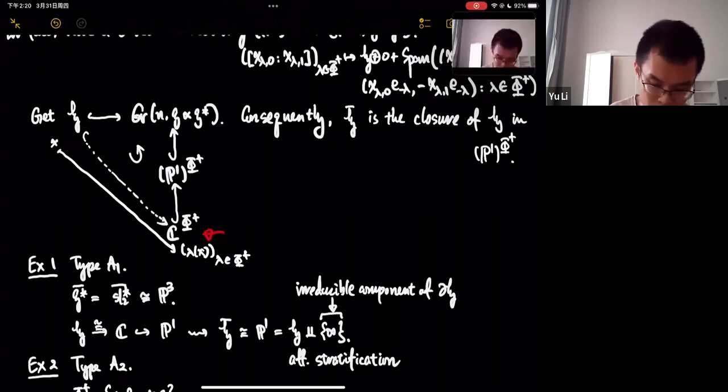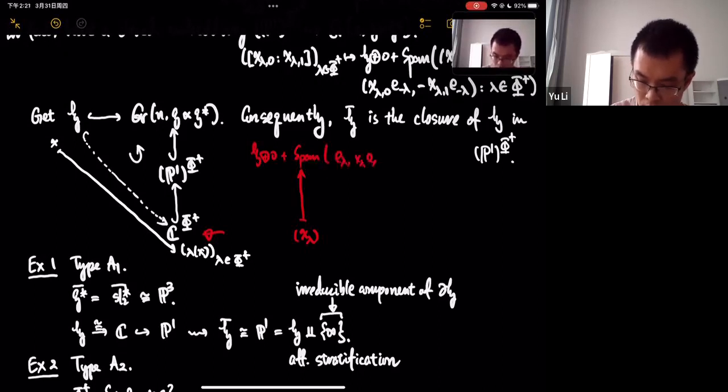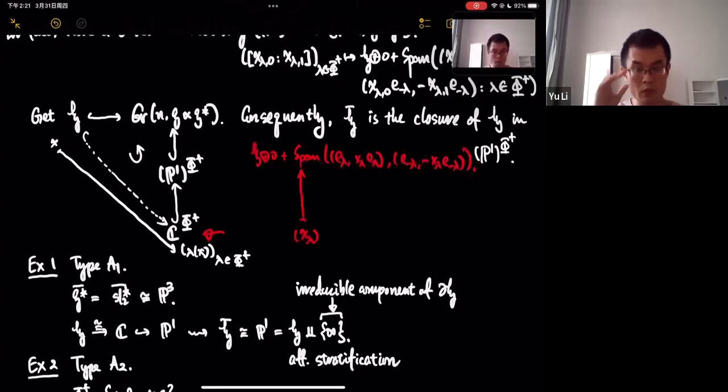And the map from C to the phi plus to the Grassmannian, of course, just sends a tuple x lambda to what we wrote. So h direct sum 0 plus the span of e lambda x lambda e lambda and e negative lambda negative x lambda e negative lambda as above.